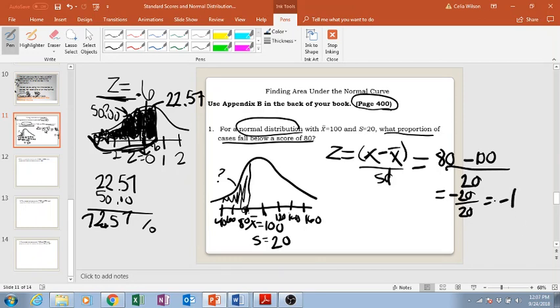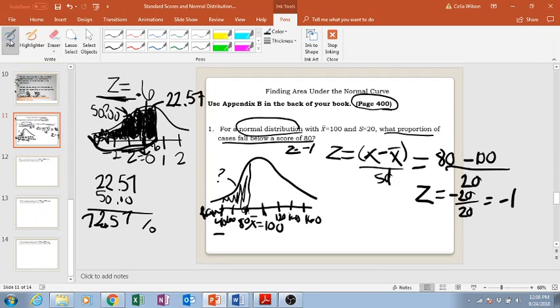Okay? So if I have a raw score of 80, my z-score equivalent is going to be negative 1. So z equals negative 1. This line is raw scores, but I'm going to erase this a little bit so that I can get some room in here.